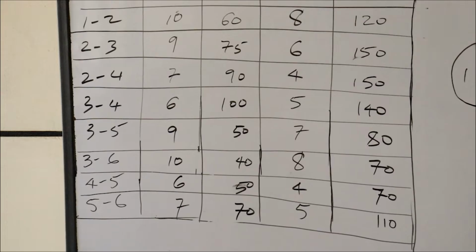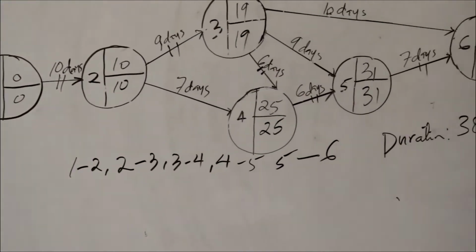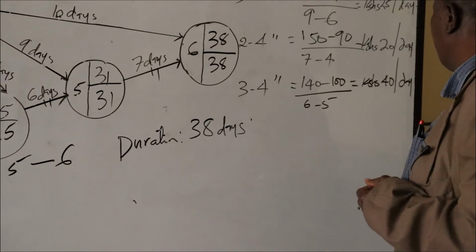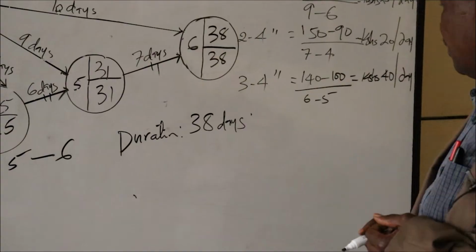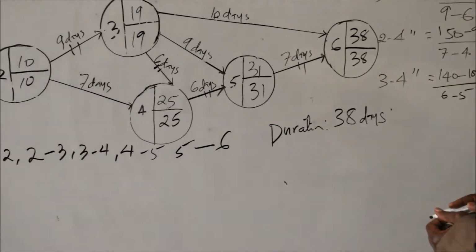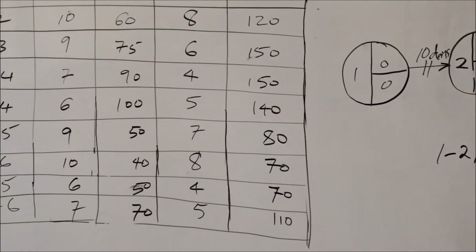That means there is 1 day available for crashing of activity 3 to 4. This one gives us 40 Kenya shillings per day, but they are existing in thousands.